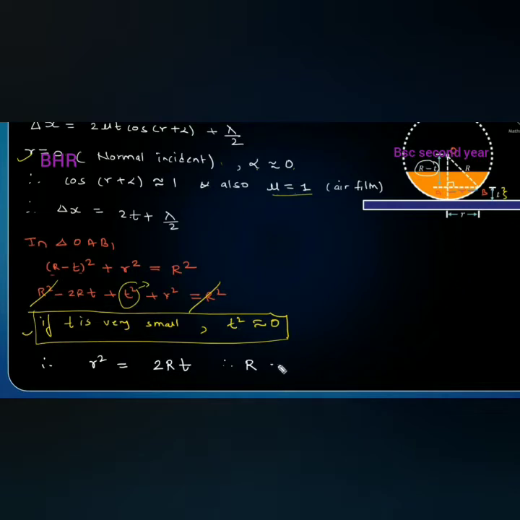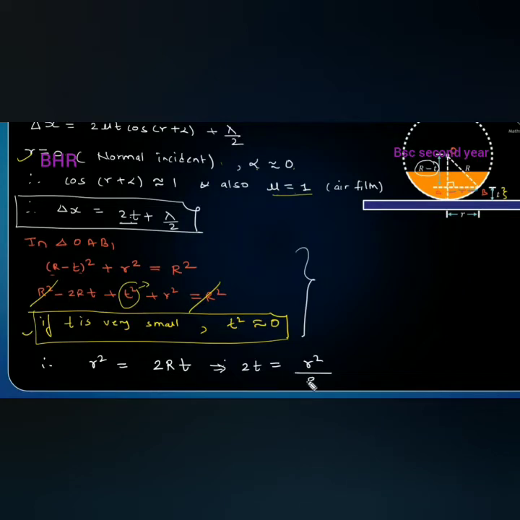From this equation, 2t is equal to small r square divided by capital R. So here this derivation is done to calculate the value of 2t, which is equal to r square by capital R.